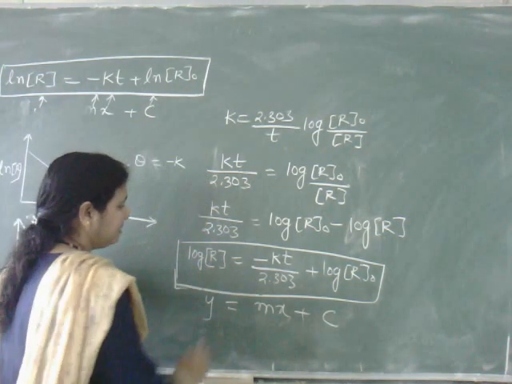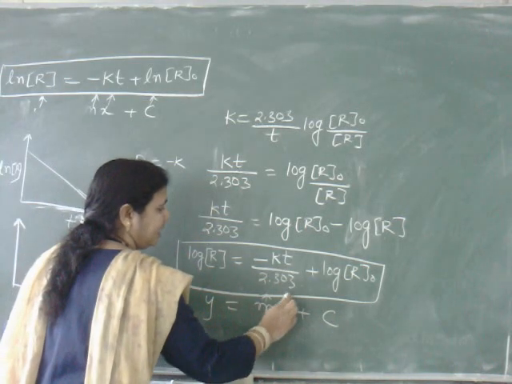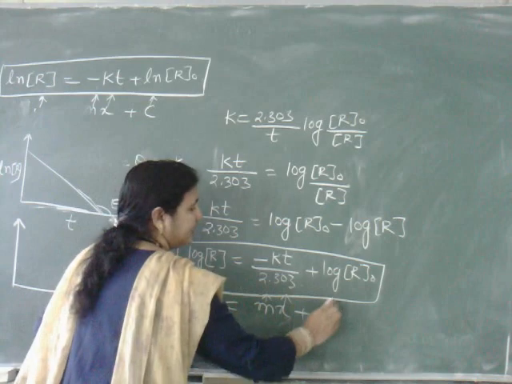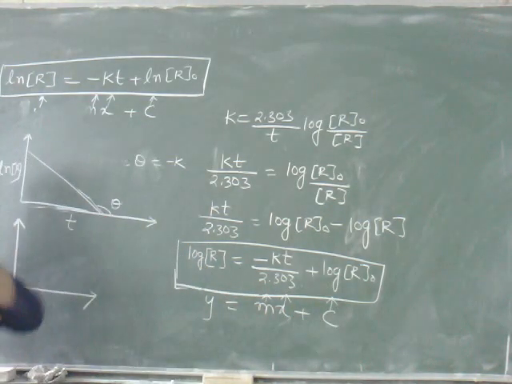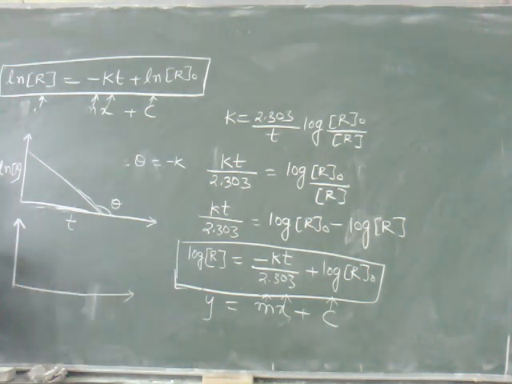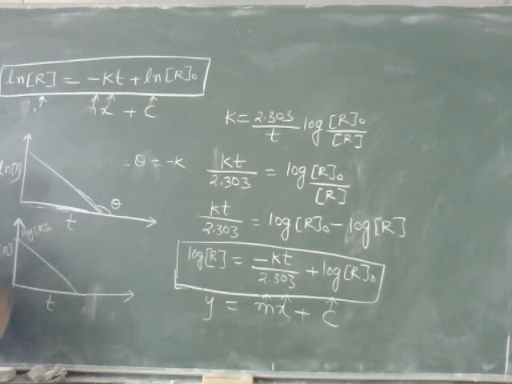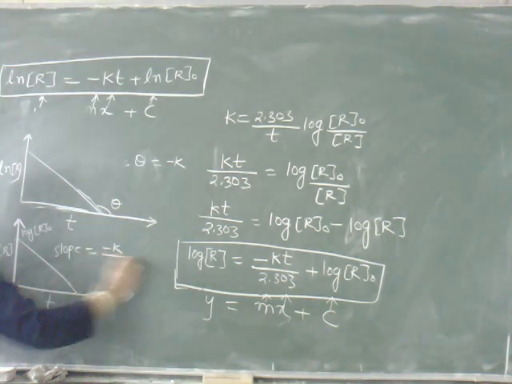So m is the slope, minus k by 2.303. X is t, and intercept is log r naught. So if you plot the graph of log r versus time, we will get a negative slope, and intercept is log r naught, and our slope is equal to minus k upon 2.303.